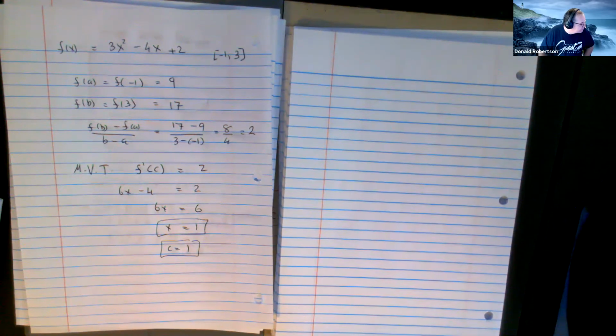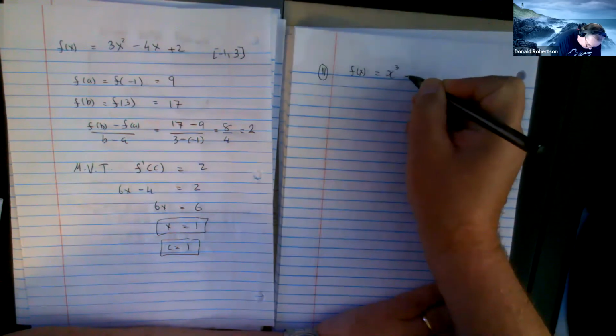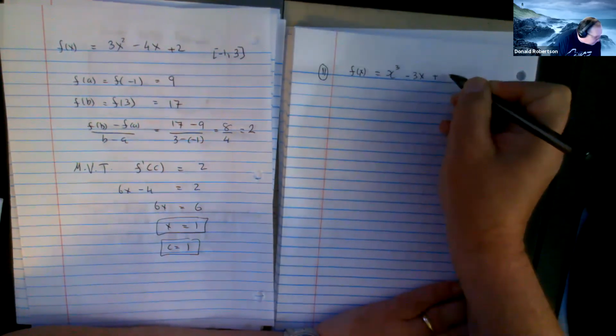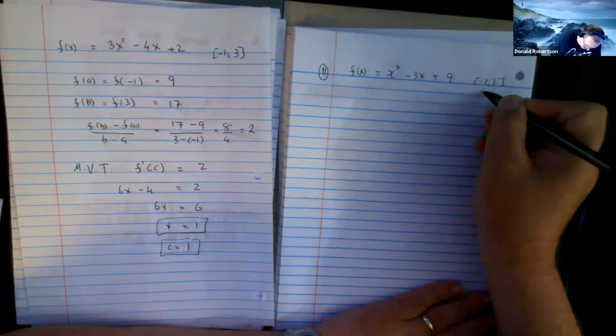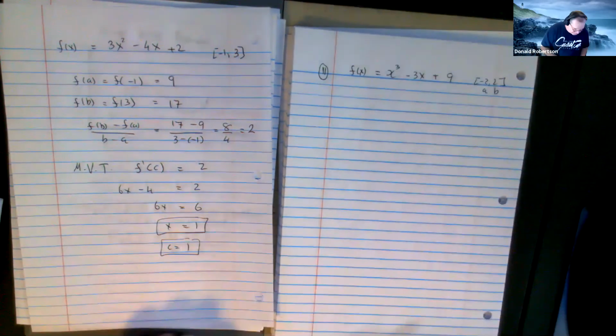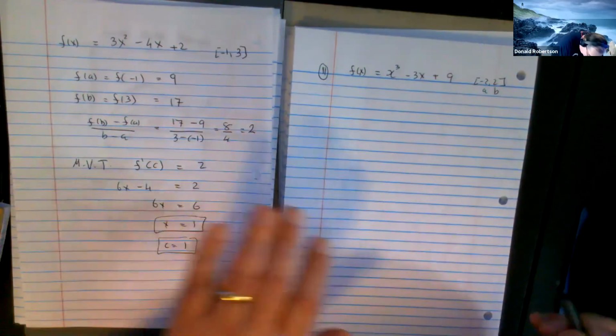Let's do one. What one will I do? This one. I have a function, a cubic. It's going to be my A and my B. It's continuous and differentiable, so I can use the mean value theorem.